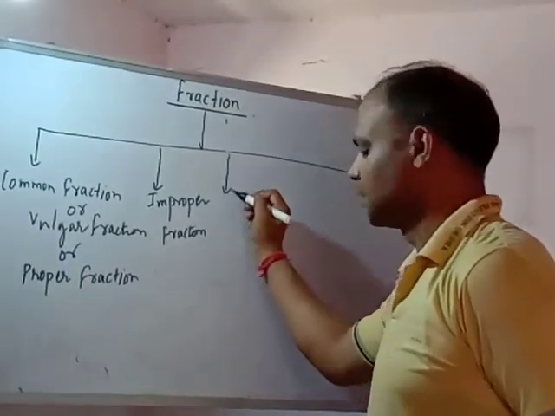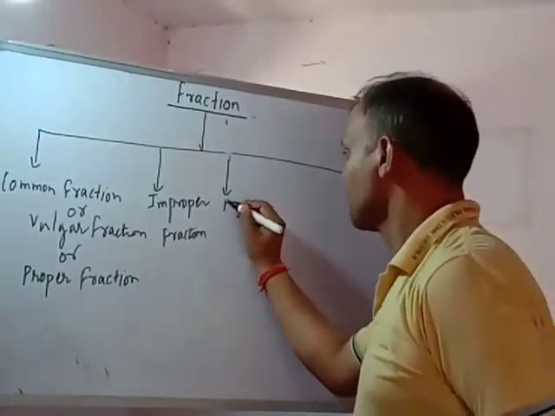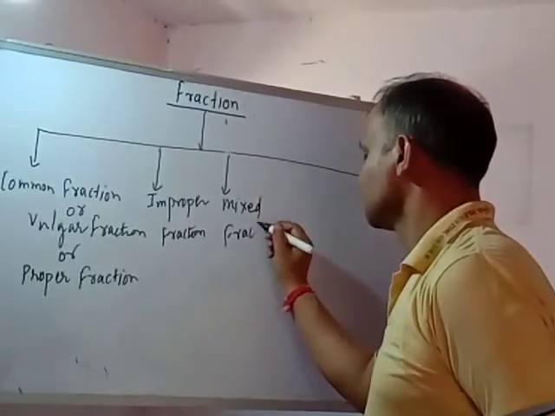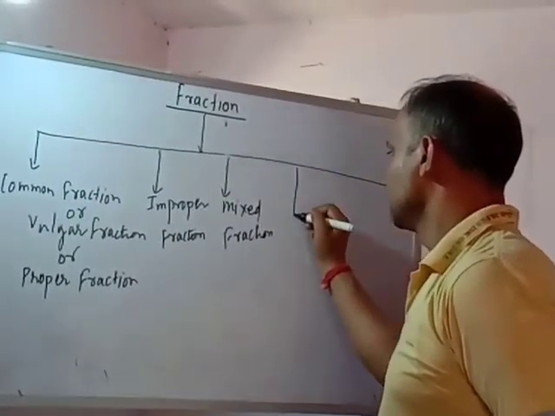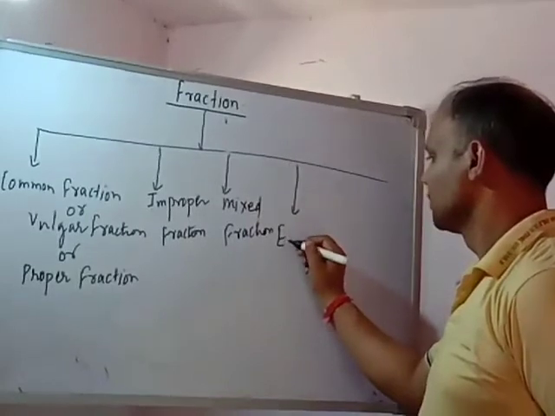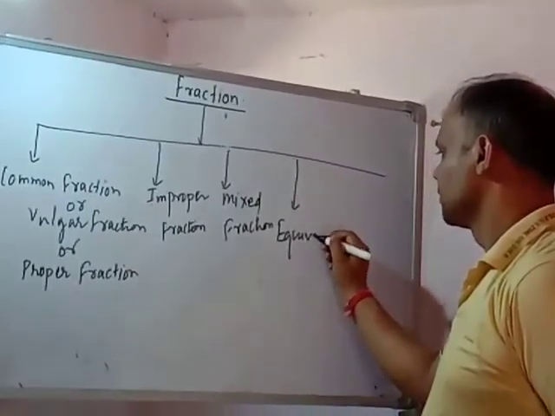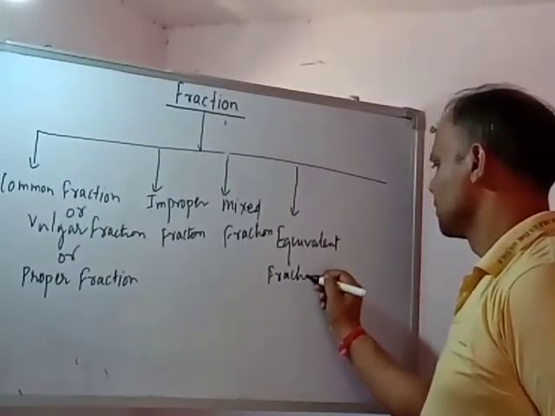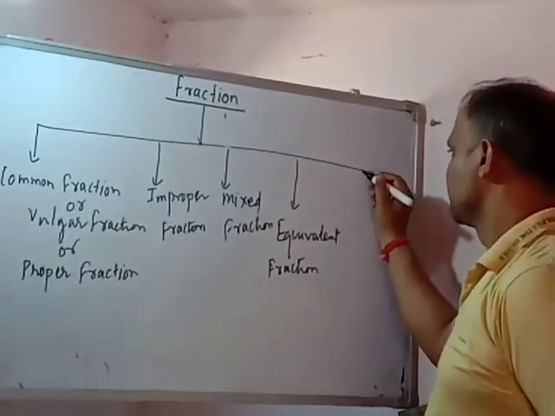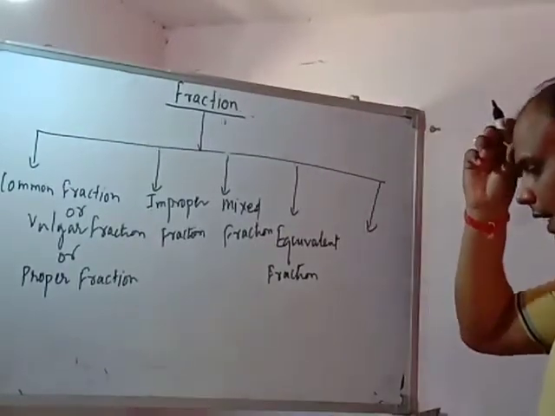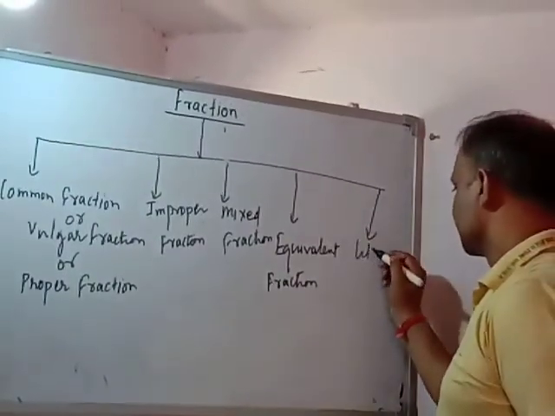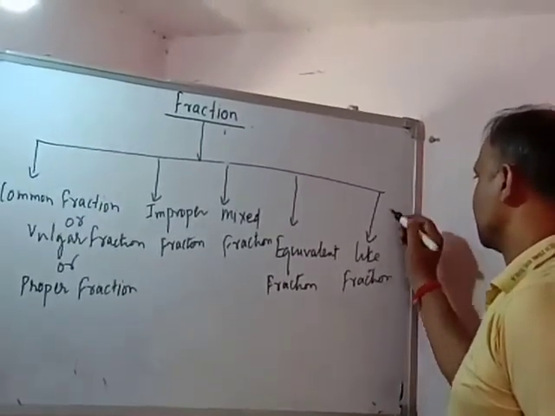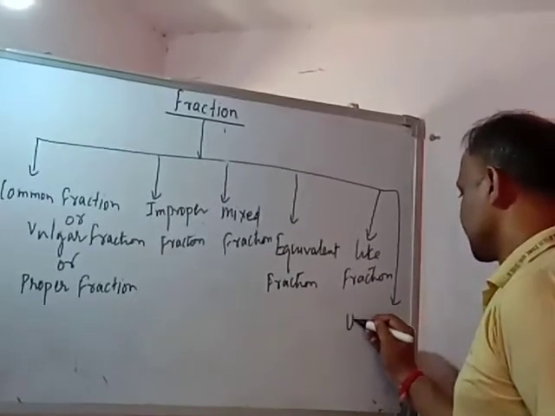Third one is mixed fraction. Fourth one is equivalent fraction. Fifth one is like fraction. And sixth one is unlike fraction.